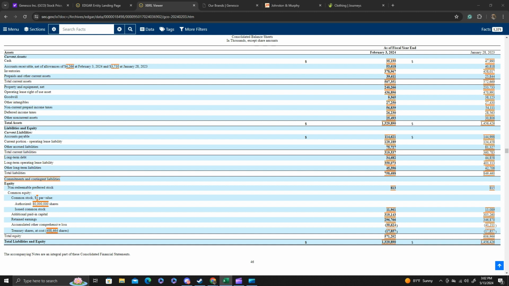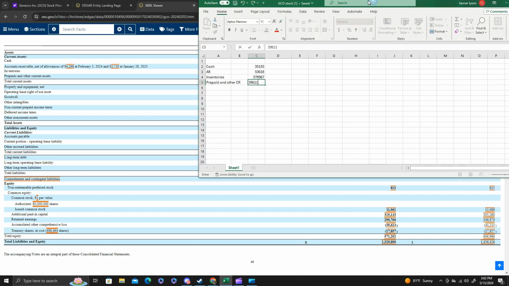And then they have prepaid and other current assets of 39 million.